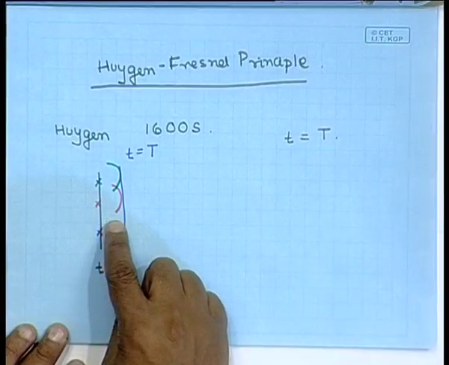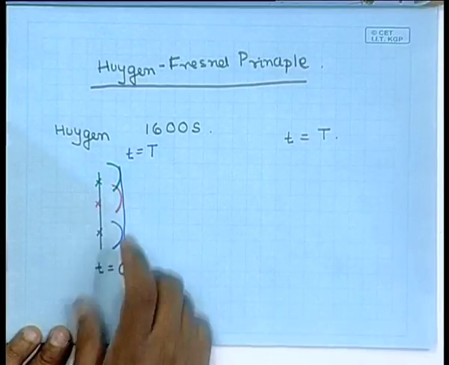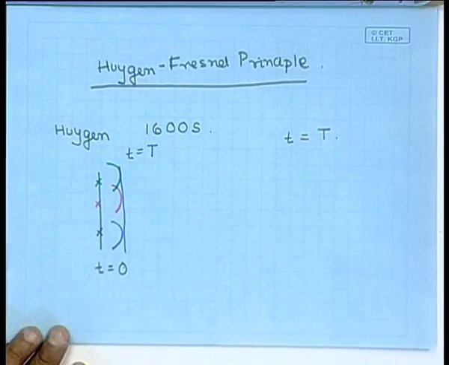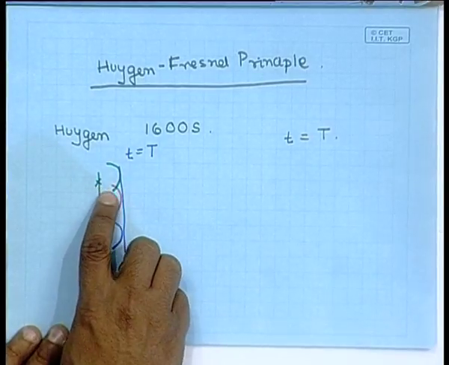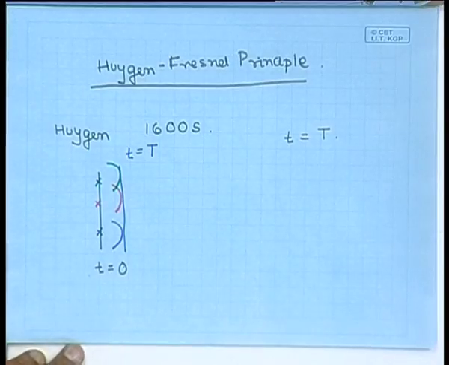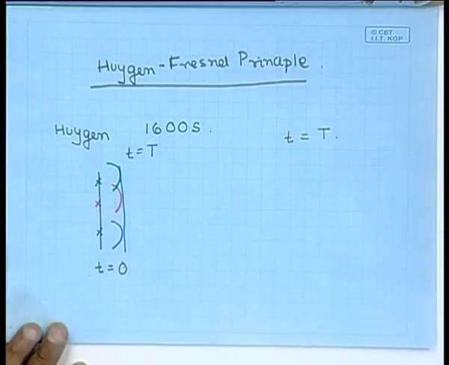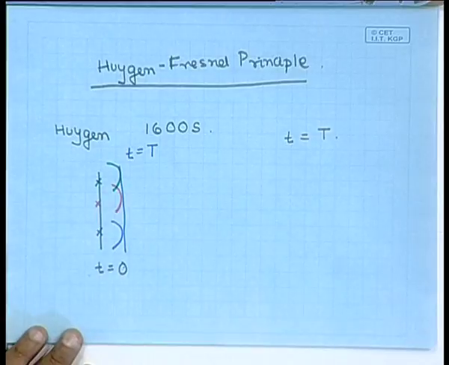So, the spherical wavelets which will be emitted will, if the medium is such that the speed of light is different in different directions, for example, then the secondary wavelets are not going to be spheres, they will be ellipses or some other such thing. And you can then use the Huygens construction, the Huygens principle, to determine how the wavefront is going to evolve as a function of time.